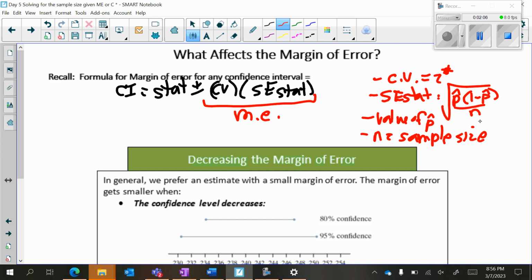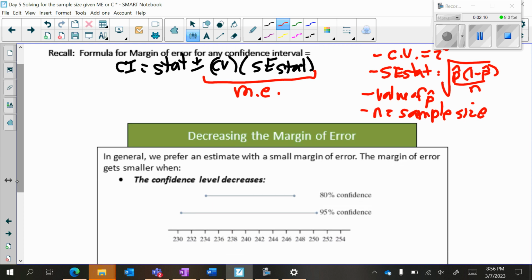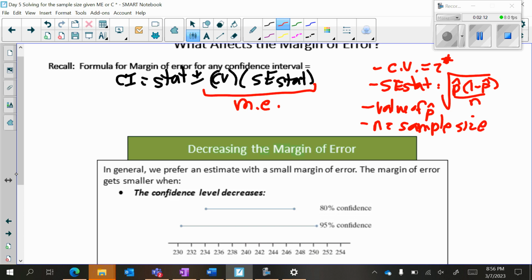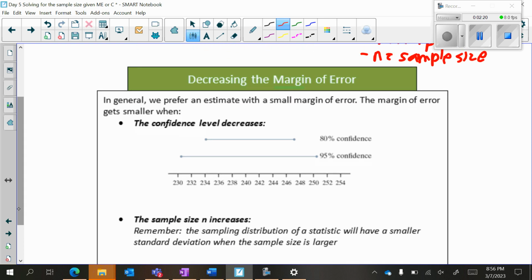So let's say I wanted to decrease the margin of error, basically having less error present in my interval, because who wants so much error, right? If you want to decrease the margin of error, you can decrease the confidence level. That's number one. The confidence level is C. Remember, let's say the confidence level was 95%.